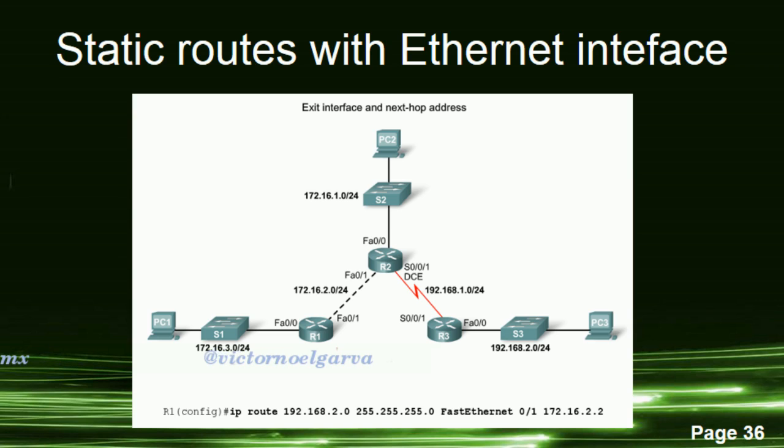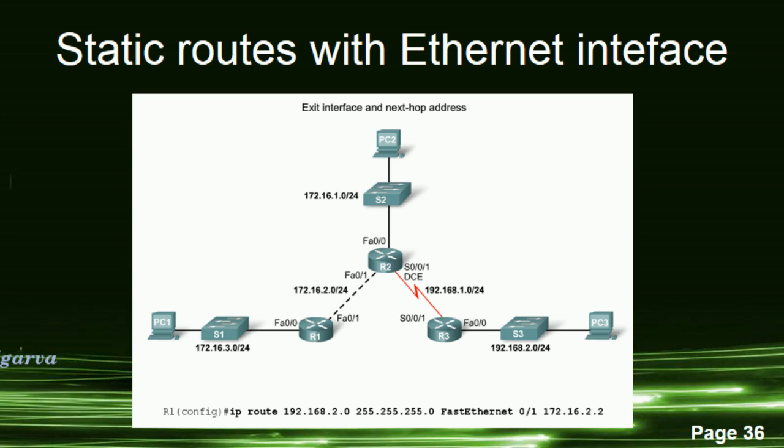next hop IP address. Advantages of using an exit interface with static routes. There is an advantage to utilizing exit interfaces in static routes for both serial point-to-point and Ethernet outbound networks. The routing table process only has to perform a single lookup to find the exit interface instead of a second lookup to resolve a next hop address.